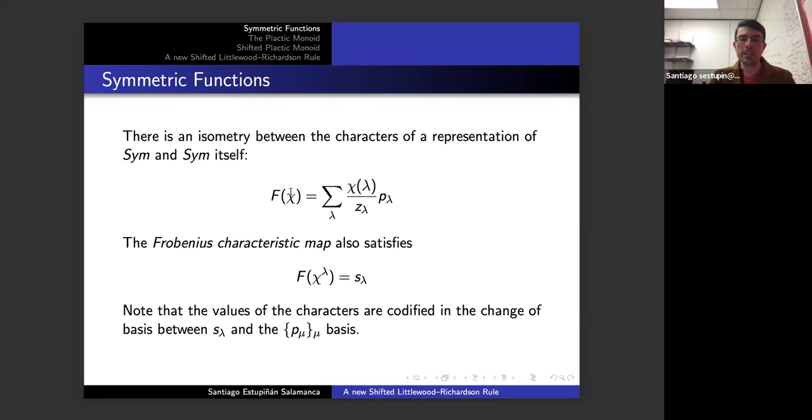So for a character phi, the Frobenius characteristic map associates this symmetric function. Again, in this case, P sub lambda is the power sum symmetric functions, and the Z sub lambda in this context is just a scalar.